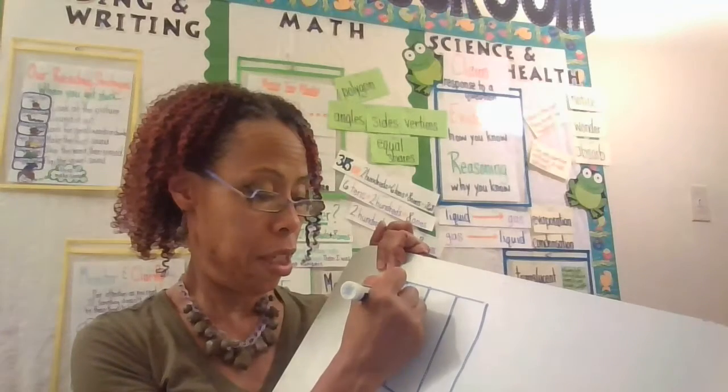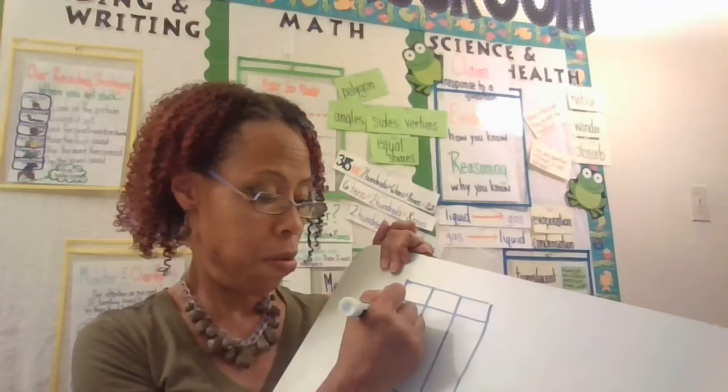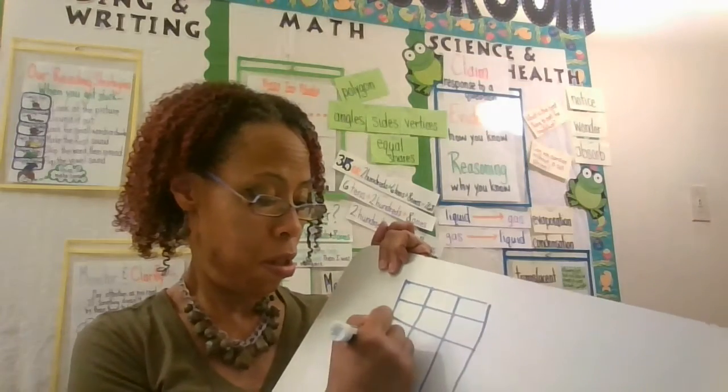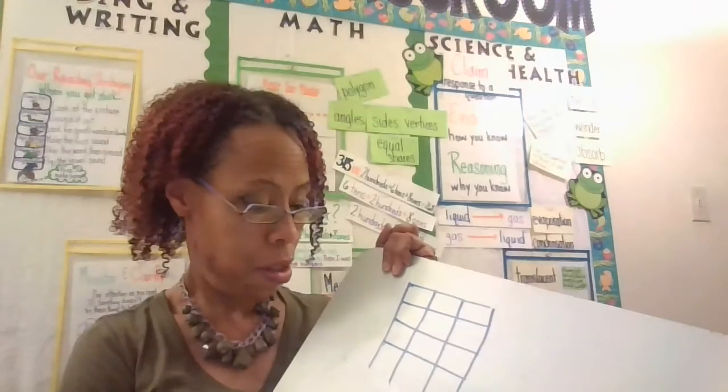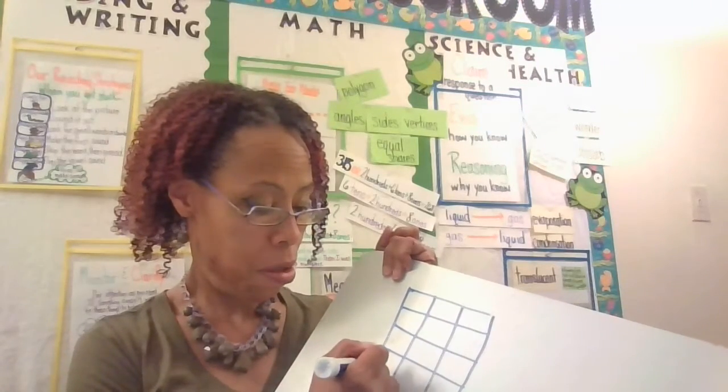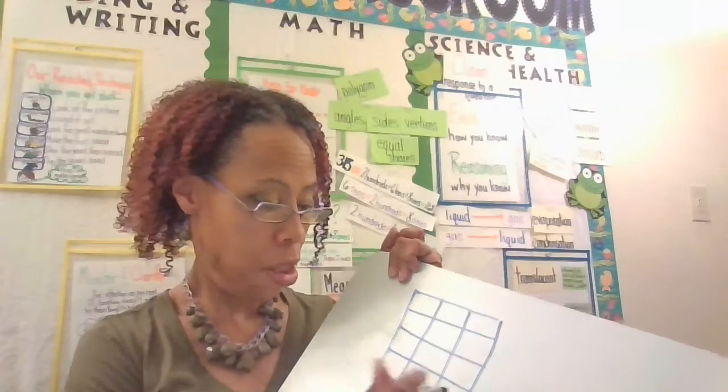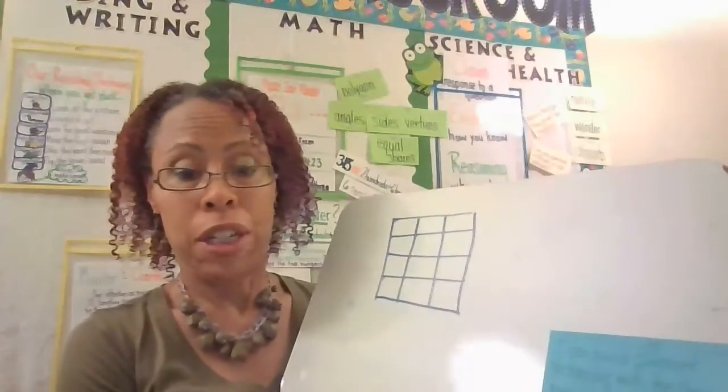Okay, this is slightly different from the other. We're putting 3 in each row and 4 in each column. It's not quite equal, but that's fairly close.